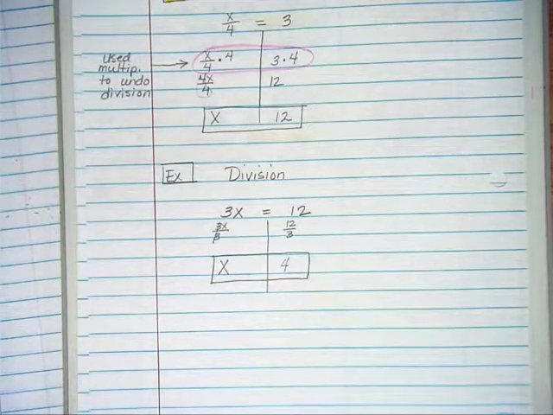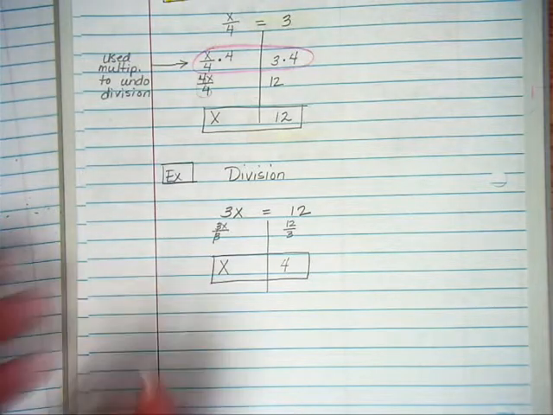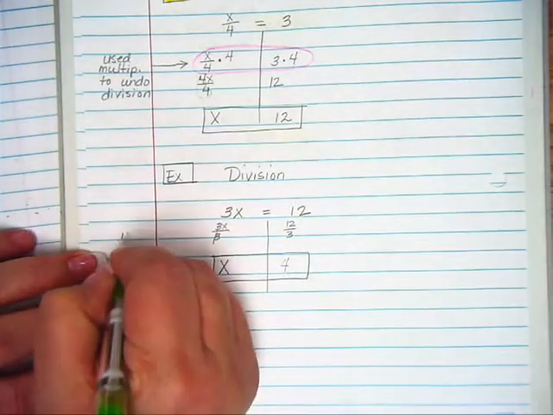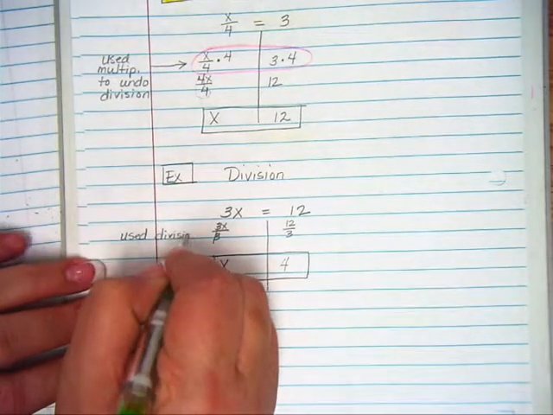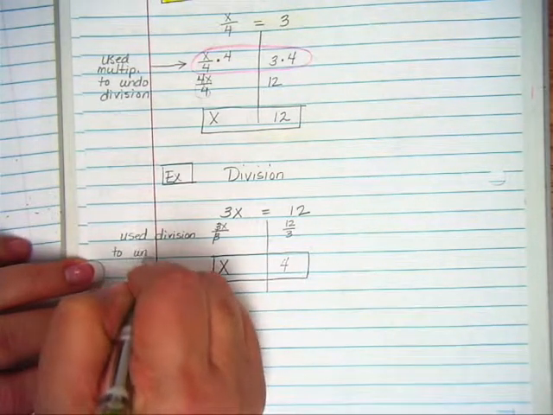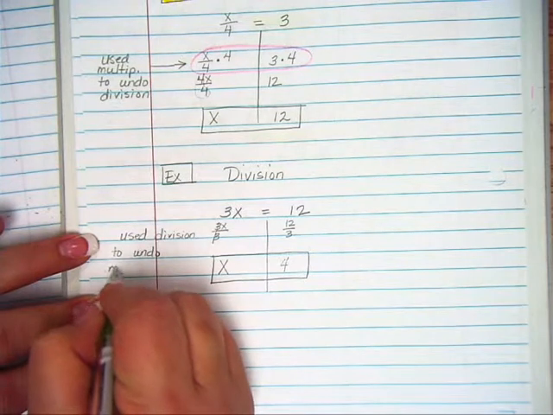3x over 3. Here we used division to undo multiplication. This is our undo button.